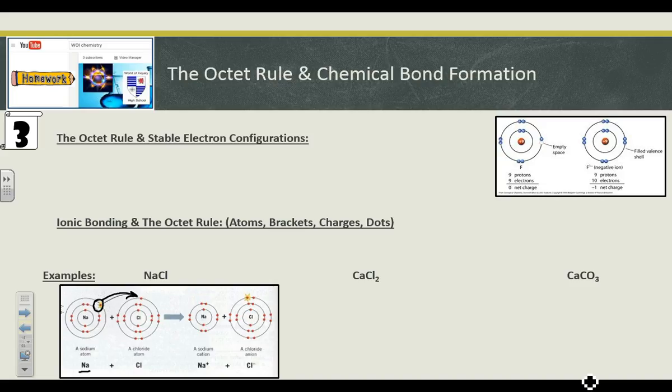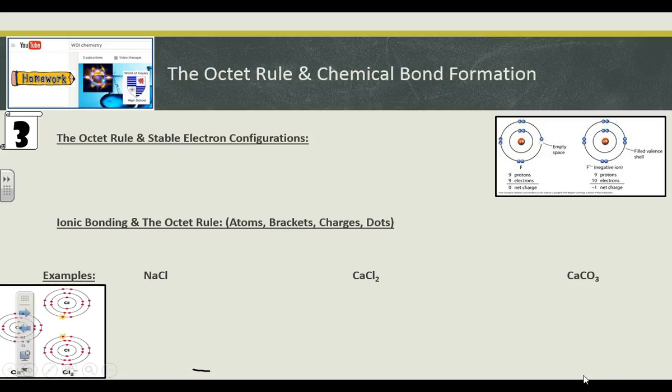It's going to get picked up by the chlorine atom to form the sodium ion, and notice what's missing. This valence shell is missing, leaving it with a full octet, and chlorine's valence shell is now full, giving it an octet. So now that I'm done talking, you can pause it and finish your drawing, and I will move on to the next one.